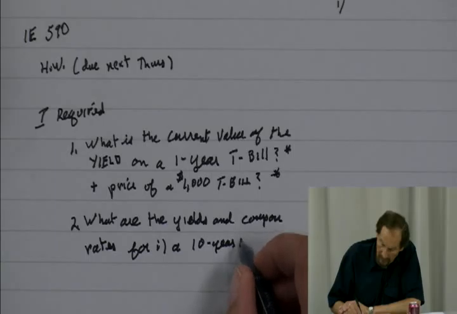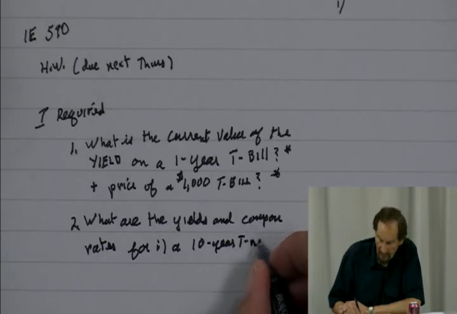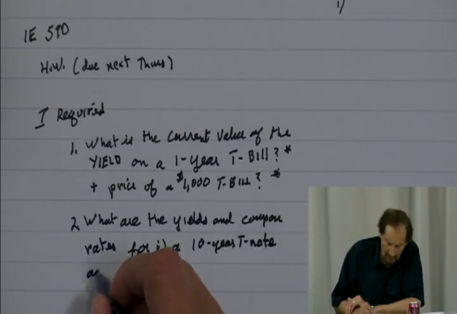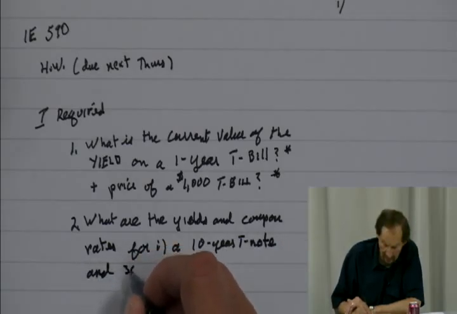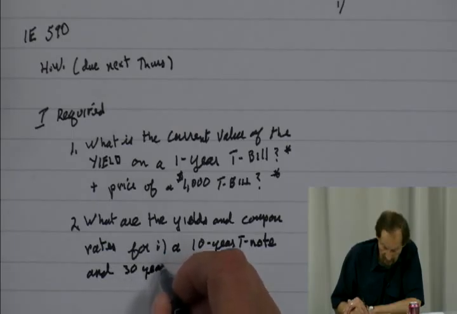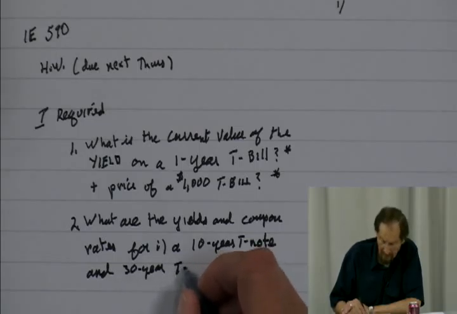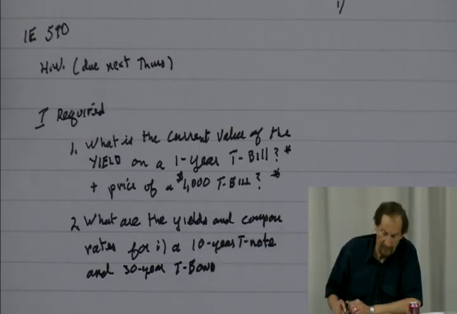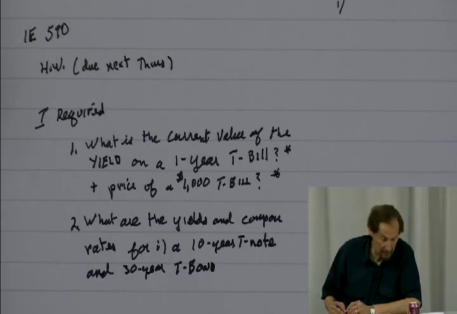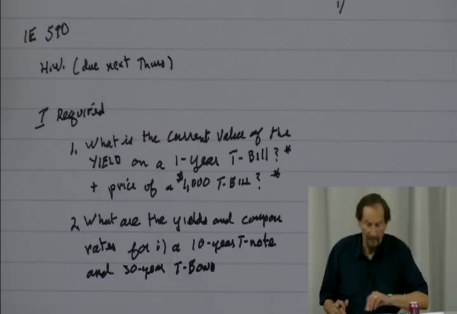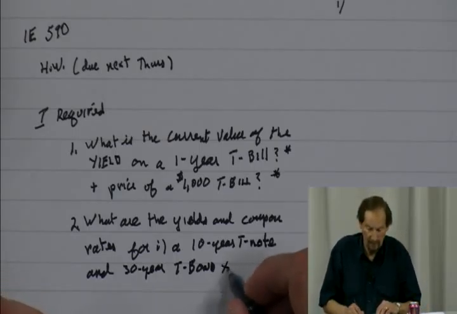T, of course, is the U.S. Treasury. We'll see in a sec that the difference between a T-bill, a T-note, and a T-bond is the time to maturity. And then let's put an asterisk here.